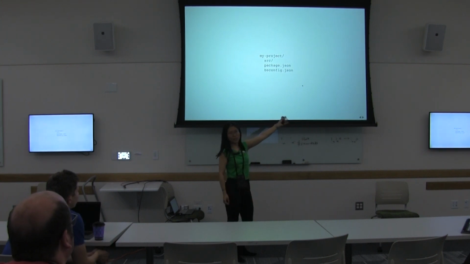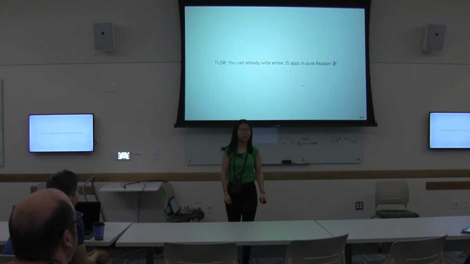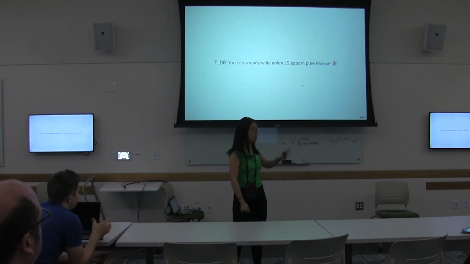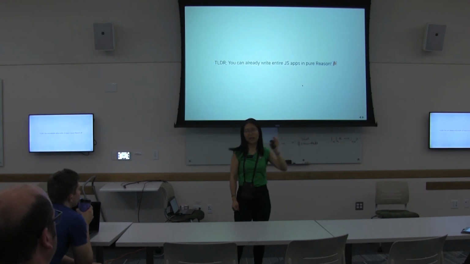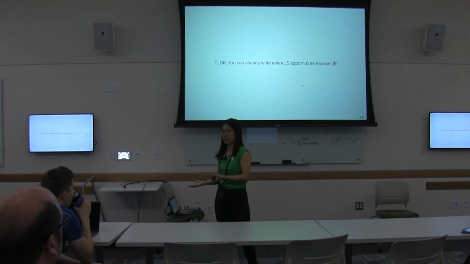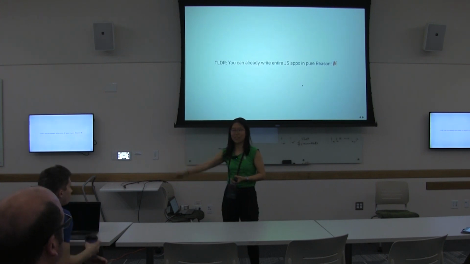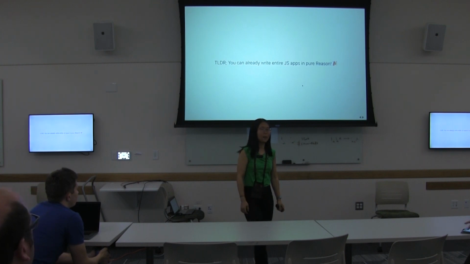I've got a package.json because I have a JavaScript project and we all have that. And I've just added this one tiny little file. So the setup part is actually very, very, very minimal. And what does this actually mean? Just with those steps and what I've already spoken about, you can actually already start writing entire JavaScript applications in Reason. So you can actually go and spin up a new project and start using this and write projects there.